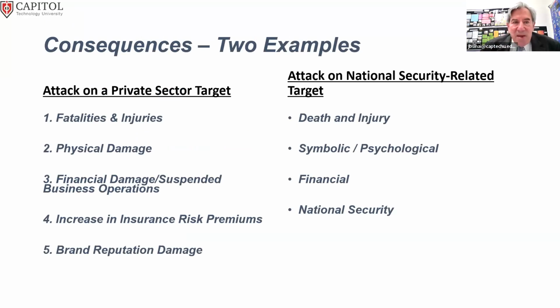So in terms of attacking a private sector target, consequences might be high number of fatalities and injuries, physical damage, financial damage, suspended business operations, increase in insurance risk premiums, and brand reputation damage. This is why the framework of risk assessment and risk management is extensively used in the insurance risk premium industry.